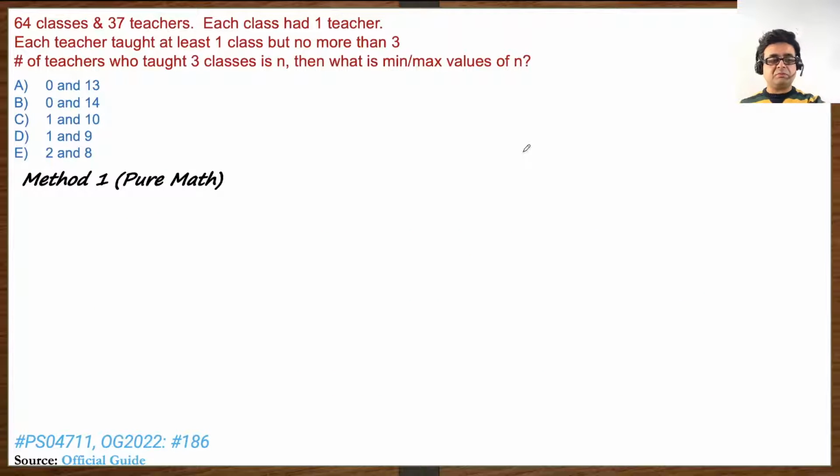So let's talk about the pure math approach, right? We are given 64 classes and we are given 37 teachers, and we are also given that there are teachers who teach 3 classes and they are denoted by the letter n.